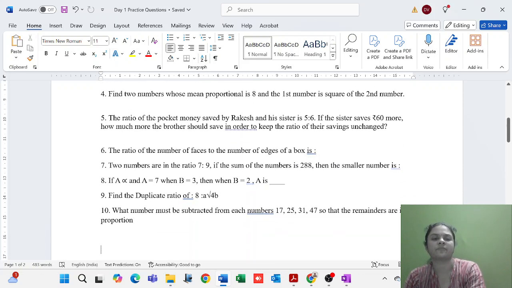Question 5. The ratio of pocket money saved by Rakesh and his sister is 5:6. His sister saves 60 rupees more. How much more should the brother save in order to keep the ratio of their savings unchanged? So, the 5:6 ratio should not change.